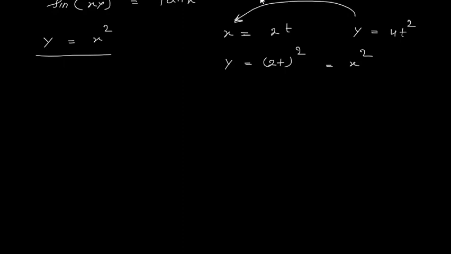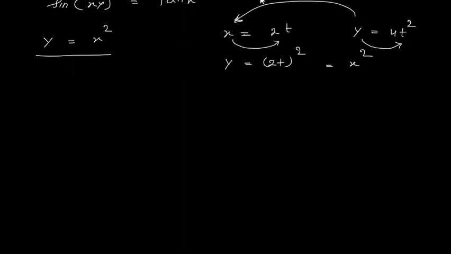Now here in this case I can express x in terms of t as well as I can express y in terms of t, and by using this t I can relate y with x. So when I am able to express x in terms of a third variable and y in terms of that variable, then we call this a parametric form of representation of the function.